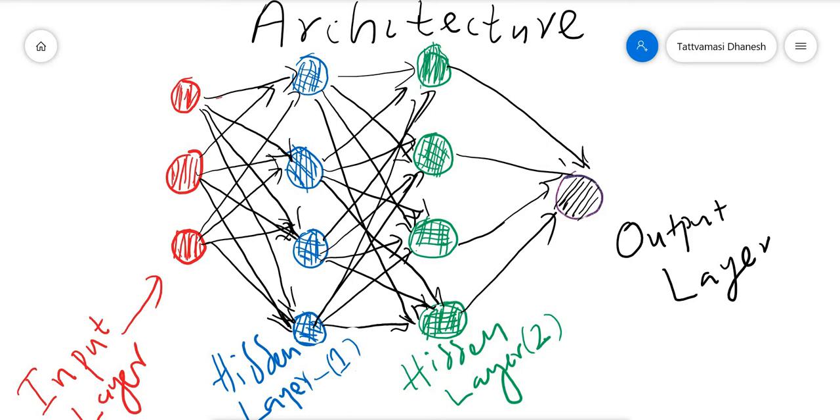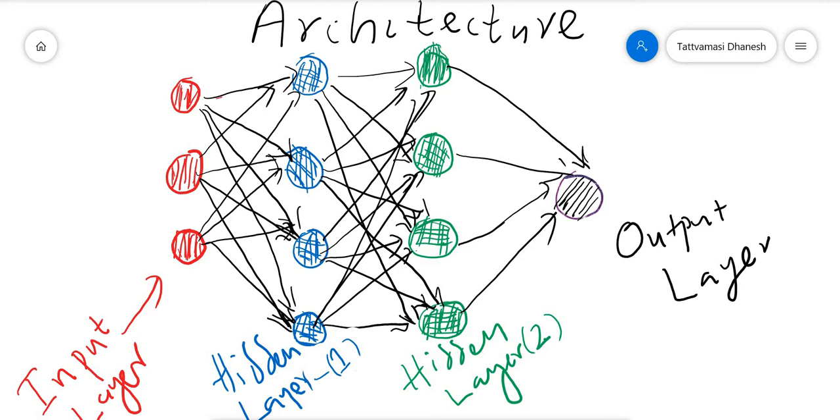The first layer, the red circles, is known as the input layer. The second layer is blue in color. Those blue circles are hidden layer 1. So there are 2 hidden layers in this architecture.